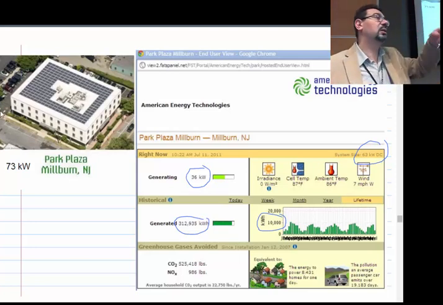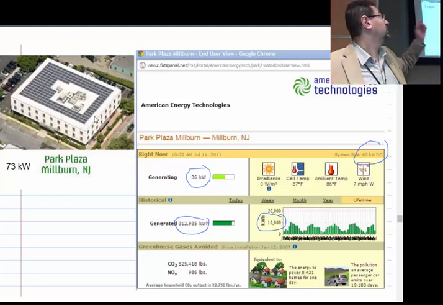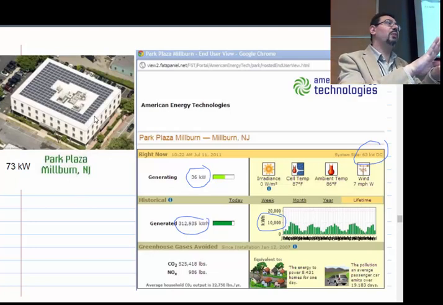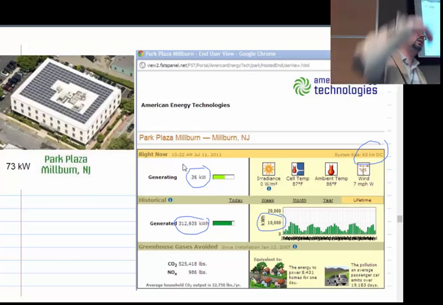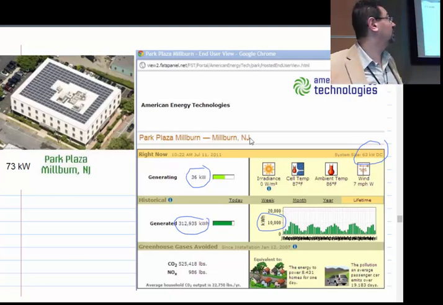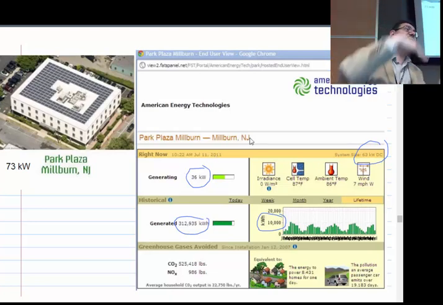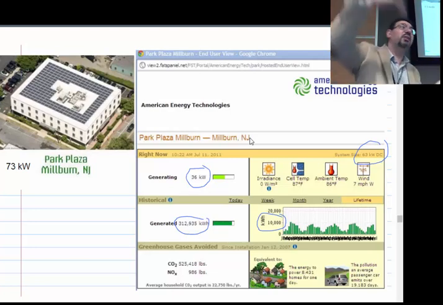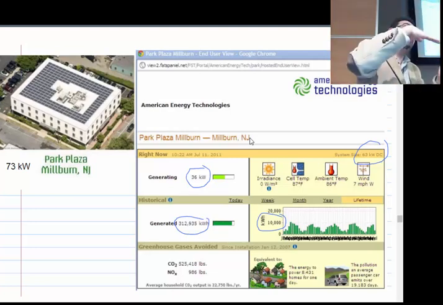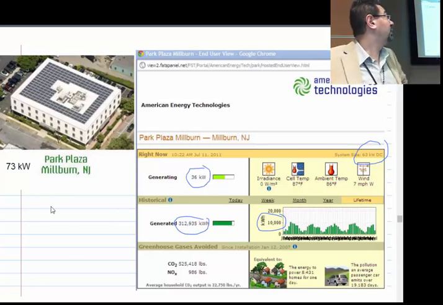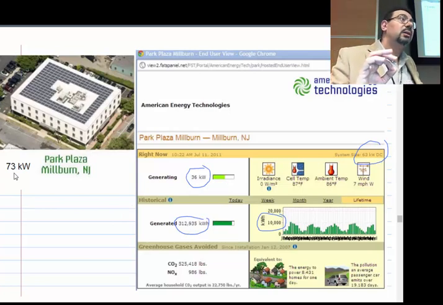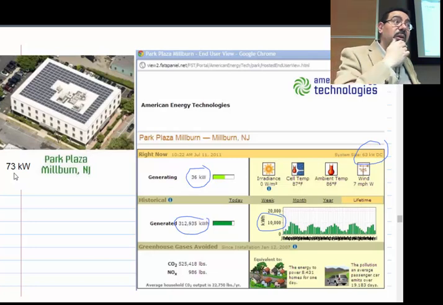Well, first, like what Jairo said, it's flat, so maybe they should have been tilted, especially at 10 a.m. when the sun is not really high. Also, because they are in New Jersey, the sun is never really that high, so the air mass is a little bit bigger, a lot of scattering. So a lot of reasons will not let you generate the rated power.